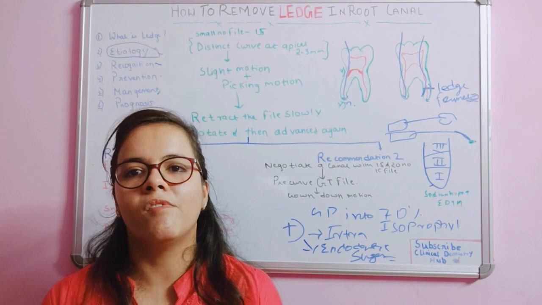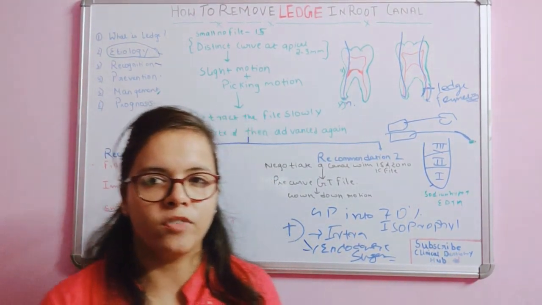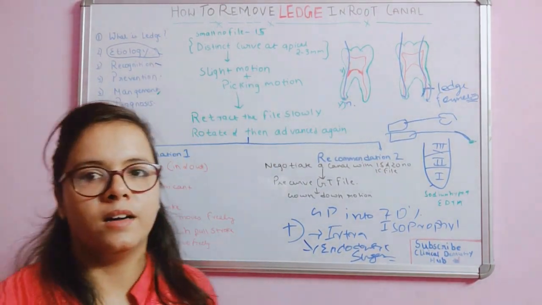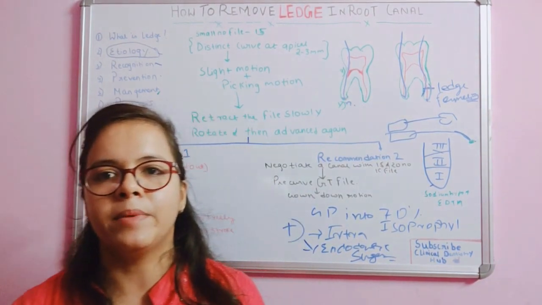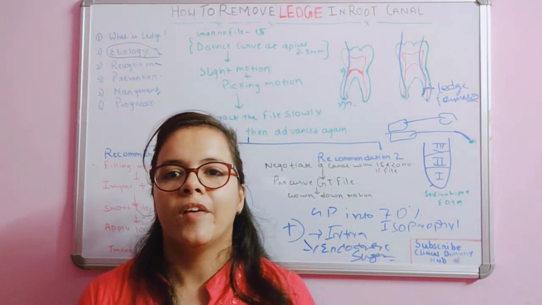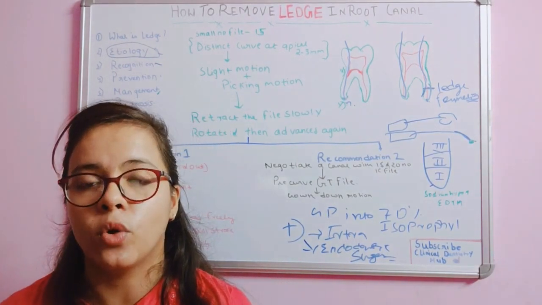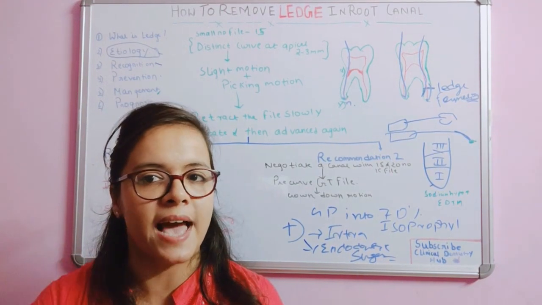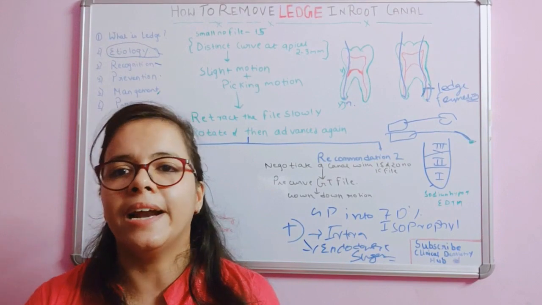So now coming to the last part of the topic: what prognosis does the ledge-formed tooth show when you try to clear it? Sometimes, whenever you are initially preparing the canal, like you are at the number 15 file only and you haven't prepared the apical part, that means the infection is there in the apical portion only, and you try to prepare it and you suddenly lead into ledge formation.